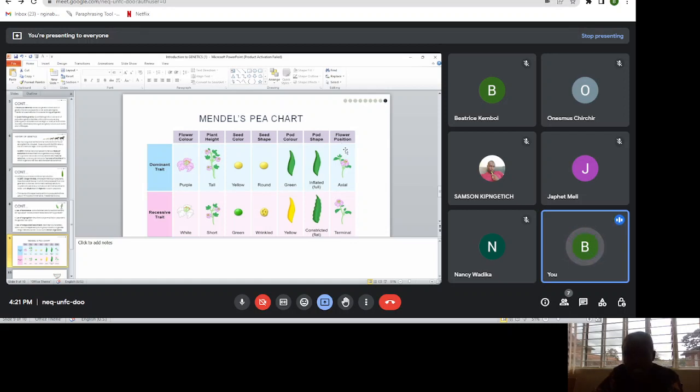So basically, just as I've said earlier, the dominant trait is the one that is expressed, and therefore it is the one that is actually visible to the eye. You get it? The recessive trait is suppressed, and usually from these experiments the ratio of expression of the dominant gene to the recessive gene is 3:1.